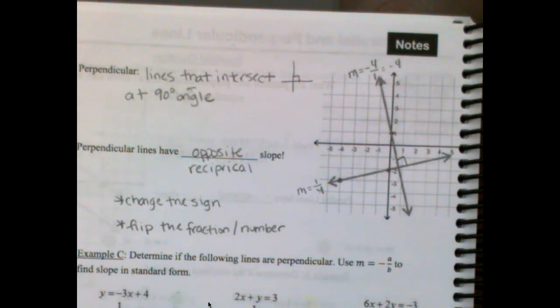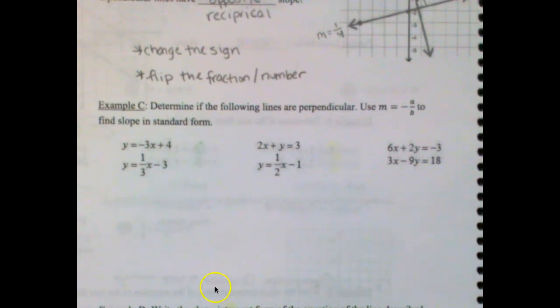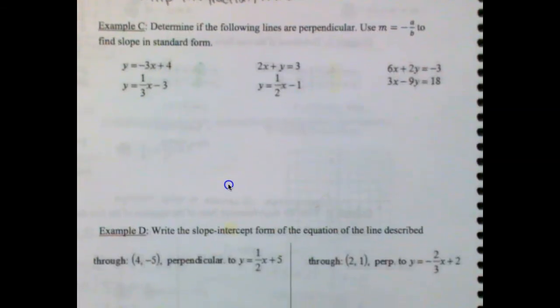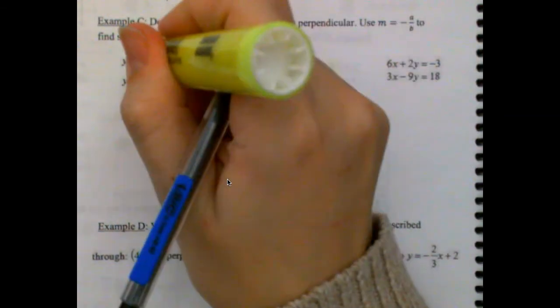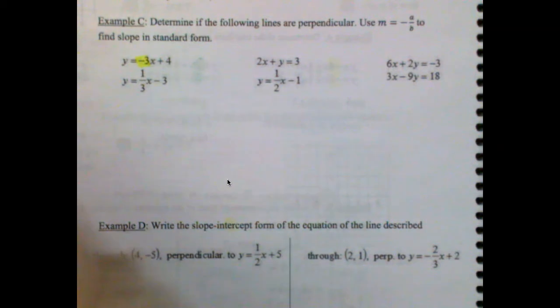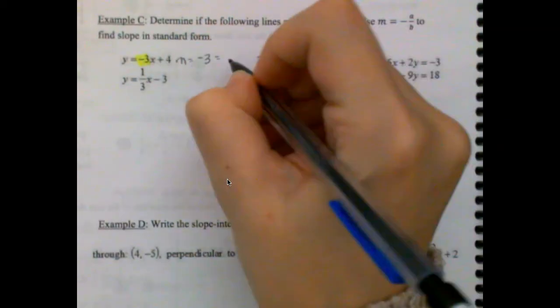Okay. So with that in mind, we need to be able to do the same things we did with parallel lines. We need to be able to determine if lines are perpendicular. Okay, so for number one, they're both in y equals mx plus b form. This slope is -3, and I can write that as -3/1 to help me think this through.